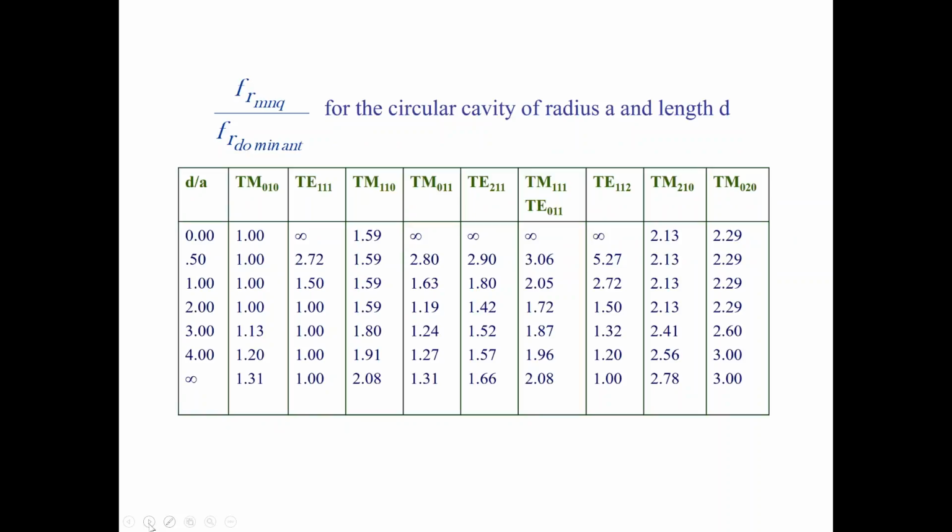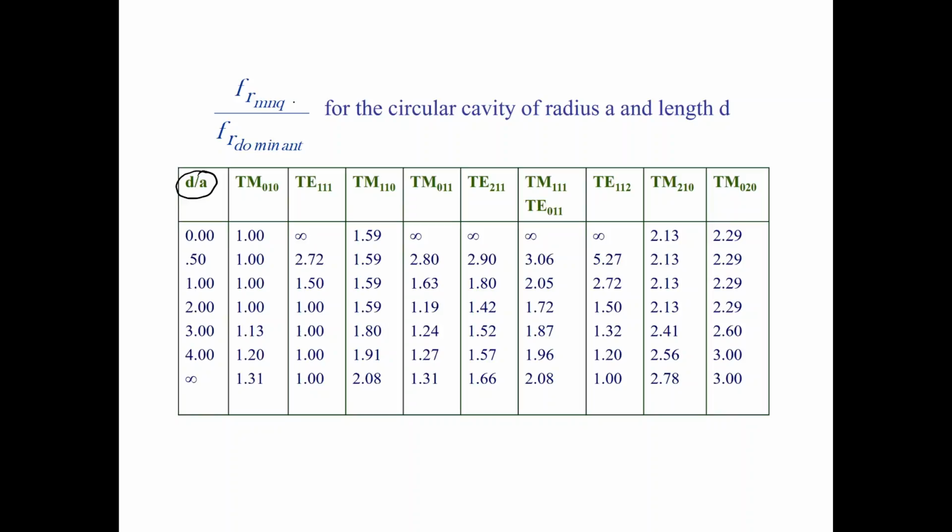And again, this is the table I have shown you sometimes before too. This basically is looking at the roots of the Bessel function and then saying if your d by a is equal to what values, where would this lie? So this table is coming directly from Bessel function terms.